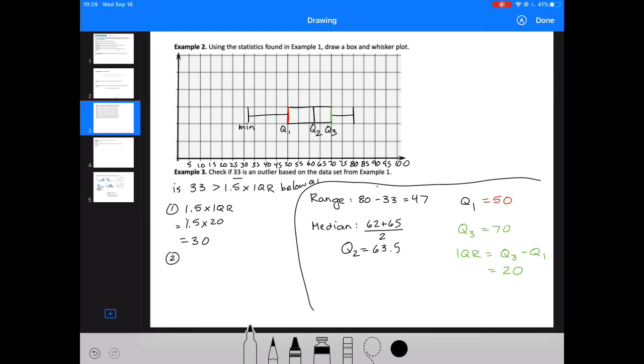Then Q1 take away 30: Q1 is 50, take away 30 would be 20. Okay, 33 is greater than 20. Therefore, 33 is not an outlier.